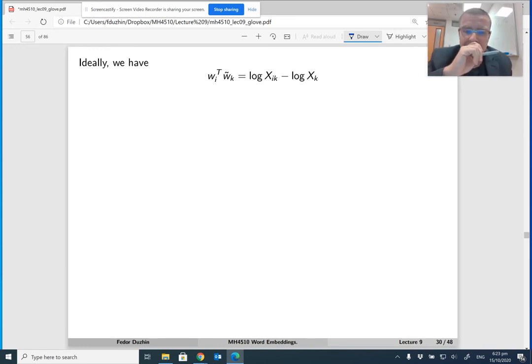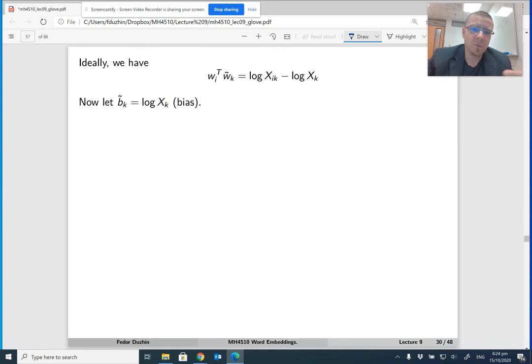Notice that this does not depend on i, so we can just denote it by b̃_k. This is going to be a bias. At the same time, the roles of the word vector and the context vector are interchangeable, because we have seen that the word co-occurrence matrix is symmetric.